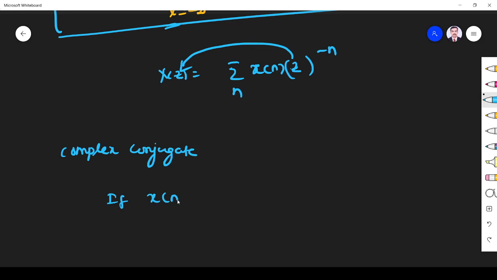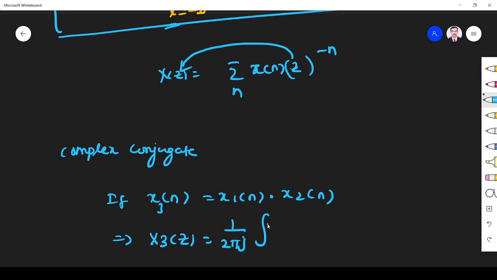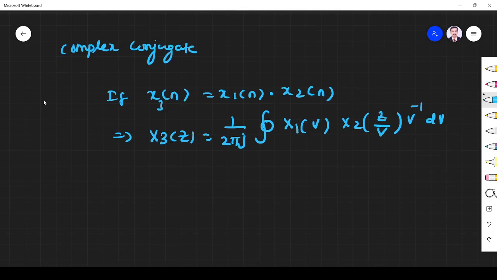If x3 of n is equal to x1 of n multiplied by x2 of n, this implies X3, that is the Z transform of this, is given by 1 by 2 pi j closed integral X1 of v, X2 of z by v, into v inverse dv. This is the complex conjugate property of the Z transform.